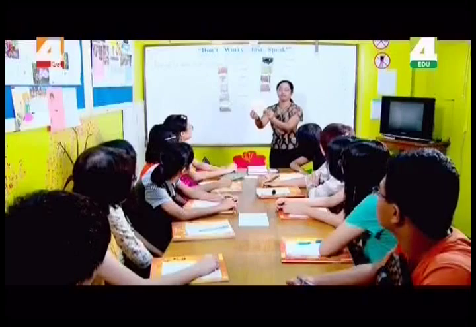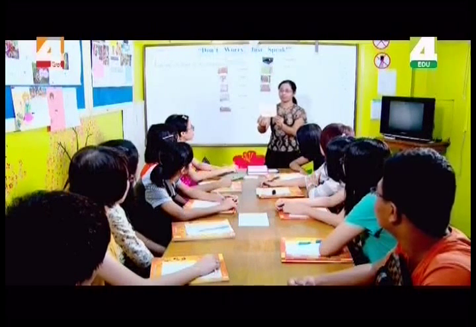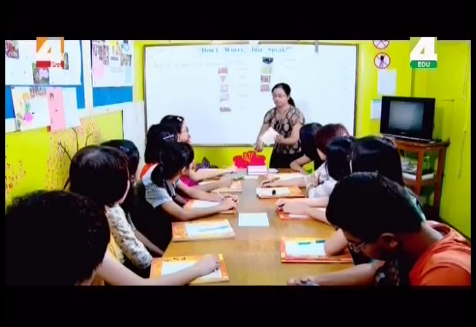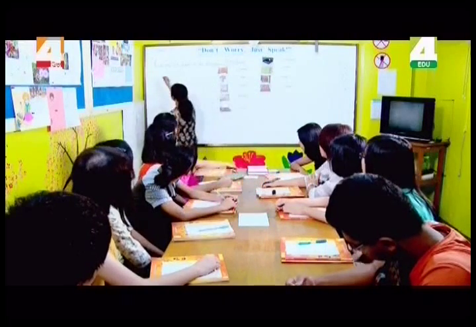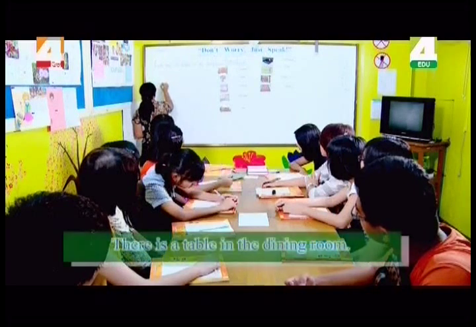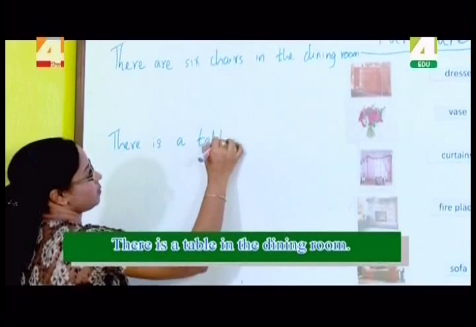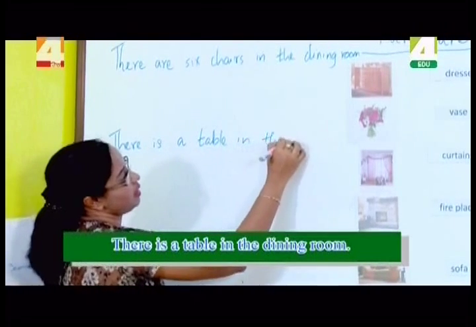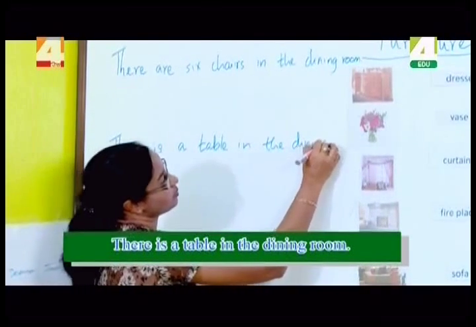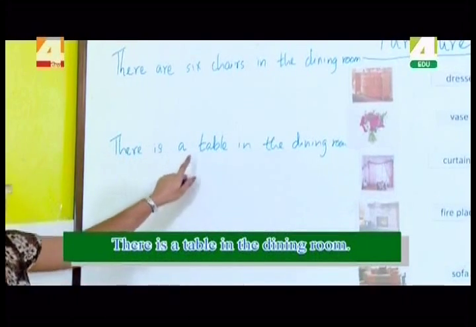Very good. So how about table? How many tables are there? There is 1 table. Only 1 table. So there is a table in the dining room. Okay? There is a table.